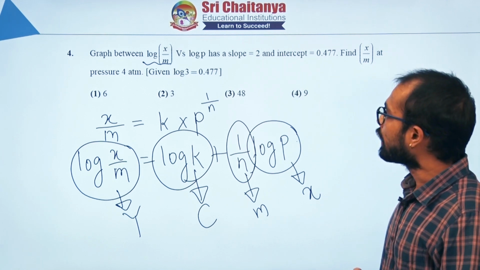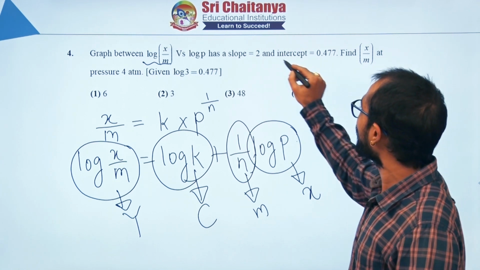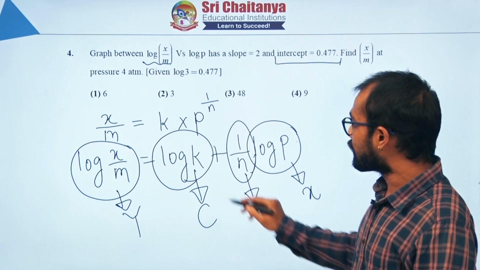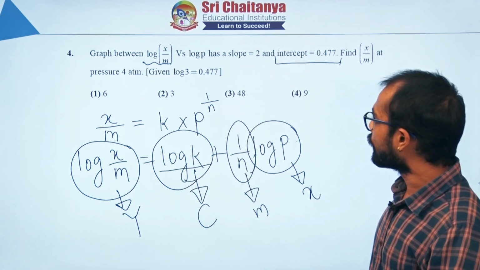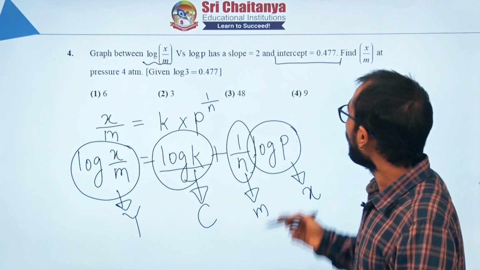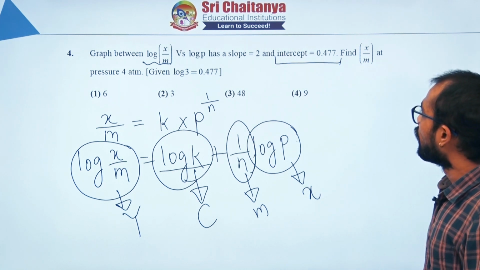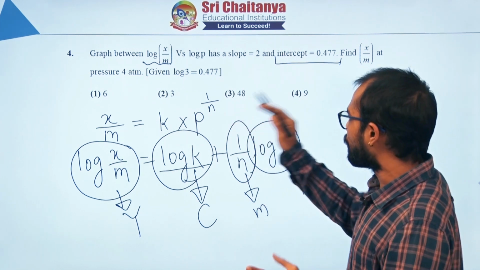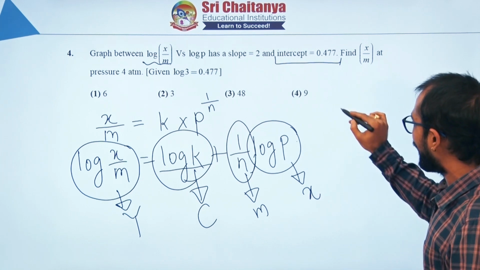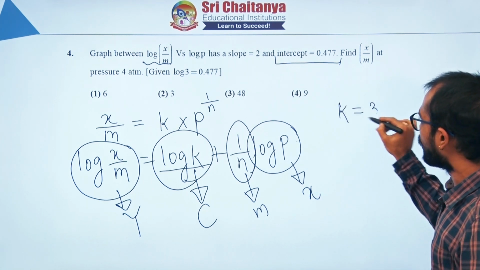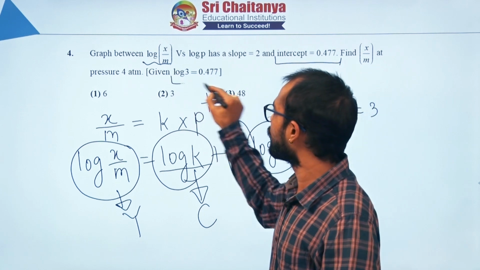As we can see, the y intercept is given, which means the value of this particular thing is equal to 0.477. If you apply the mathematics, you can clearly get k equal to 3 by using this relationship.